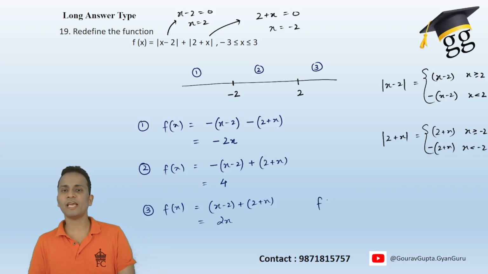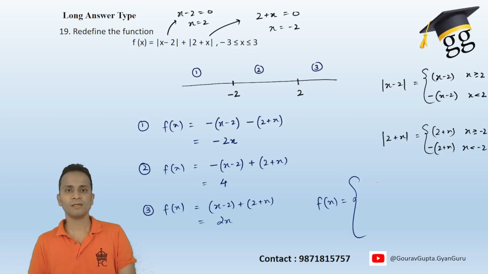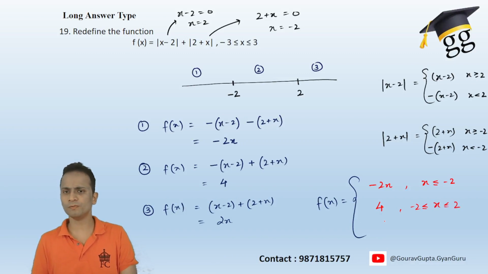So this function f of x will now be defined as minus 2x when x is less than or equal to minus 2. It will be equal to 4 when x is greater than or equal to minus 2 and less than or equal to 2. And it will be equal to 2x when x is greater than or equal to 2.